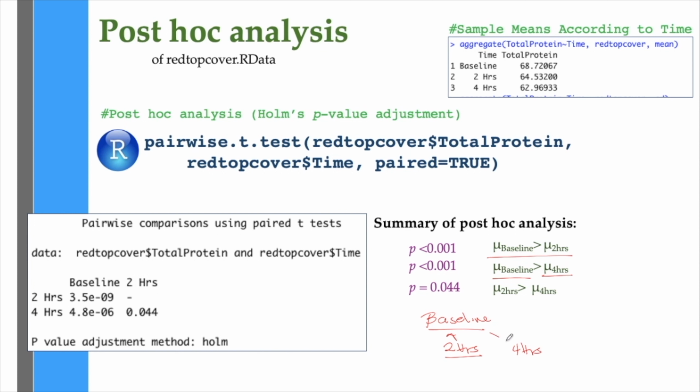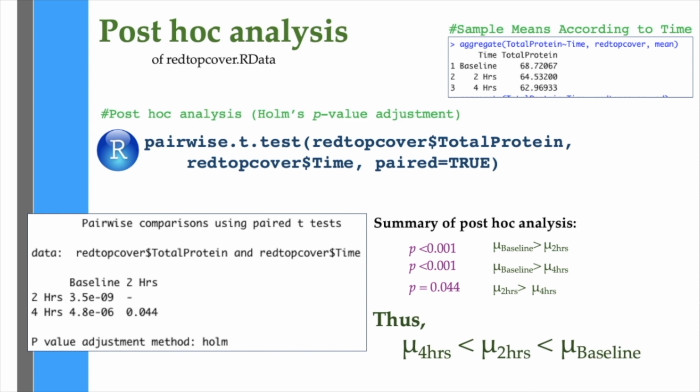So baseline is higher than 4 hours. But 2 hours is greater than 4 hours. So in other words, this actually shall be written here, since 2 hours is greater than 4 hours. So we can say here that the mean total protein after 4 hours is less than the mean total protein after 2 hours, and the mean total protein after 2 hours is less than the baseline.